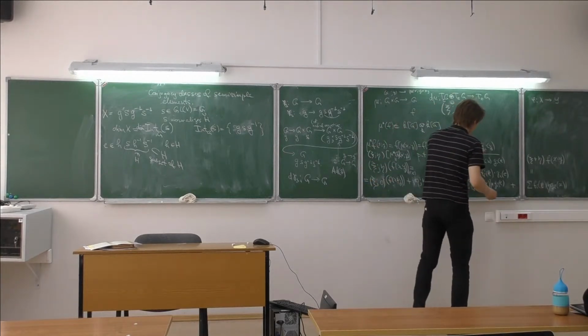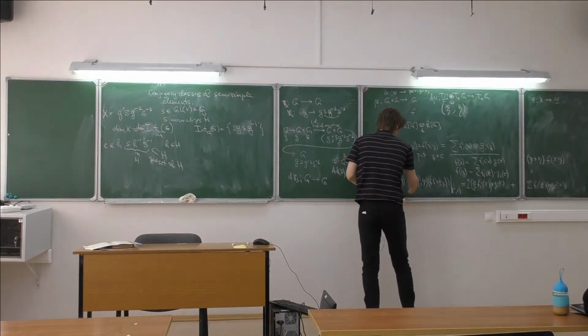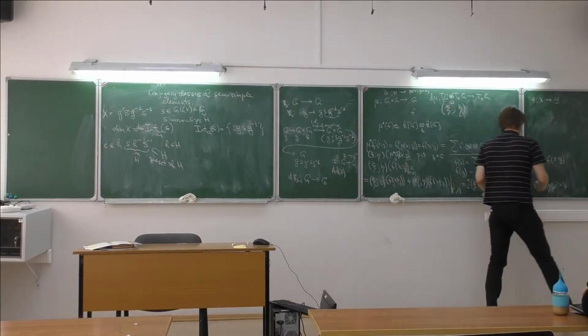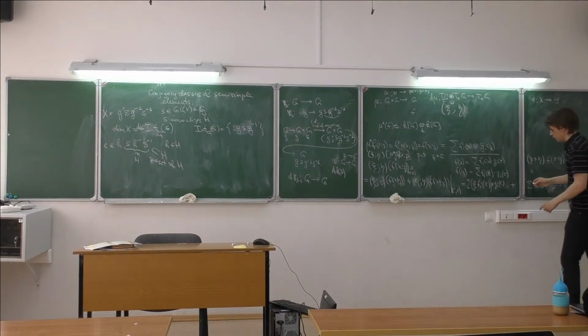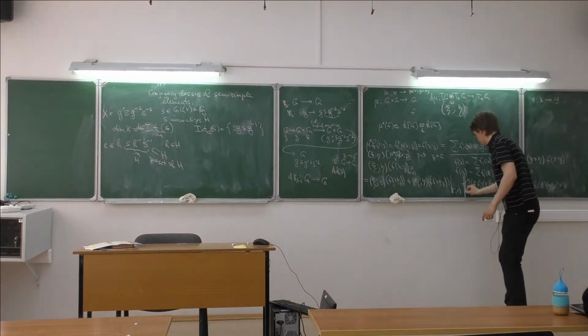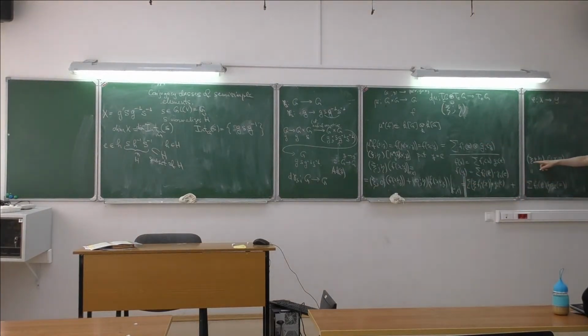So here I have written just the following. This part is just writing down xi plus eta applied to f of xy. So how I'm doing it? Here you have additivity: xi applied to f of xy plus eta applied to f of xy.